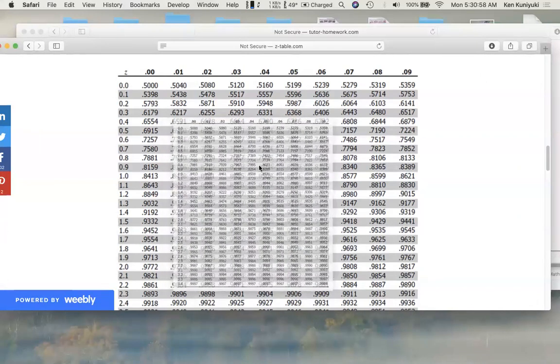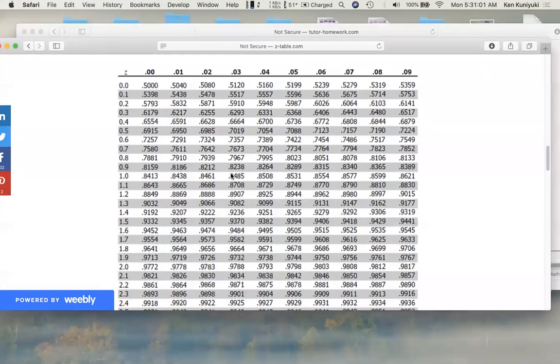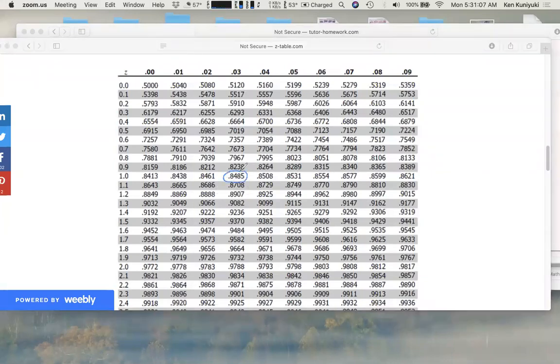Here we have, let's use this. Okay, so I see here 0.8485 over here, 0.8508 over here, 0.85 is in the middle somewhere between these two values, and I look up to the 0.03 and 0.04. More importantly, I look to the left at the 1.0.